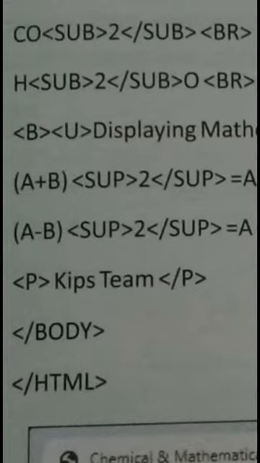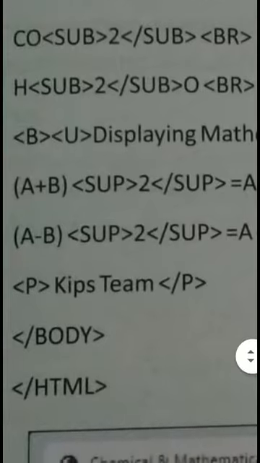When we see this in the web page, it will show CO2. And in the second line it is written H sub opening 2 sub closing O. When we see this in the web page, it will be printed H2O, meaning 2 will be at the base of the H. I am going to show you the web page.